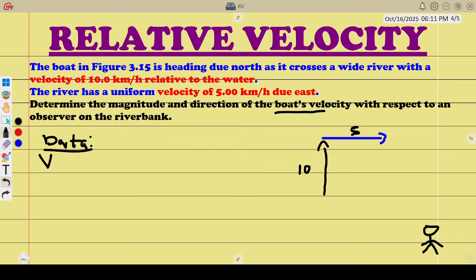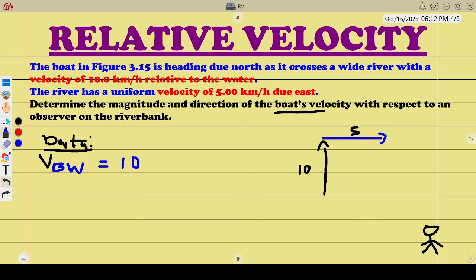Velocity of the boat. So we say VB. This is the velocity of the boat relative to the water. So this is 10 kilometers per hour and it is due north.